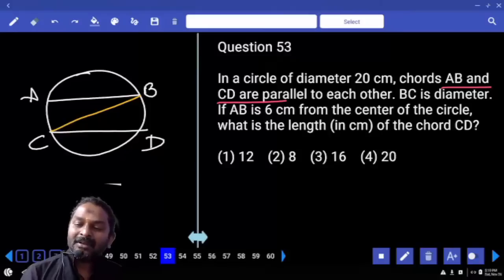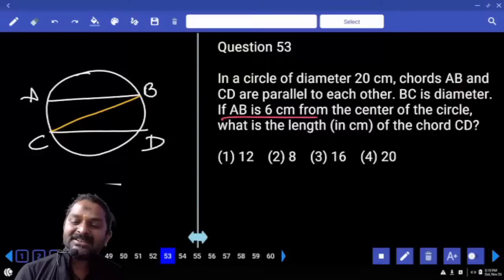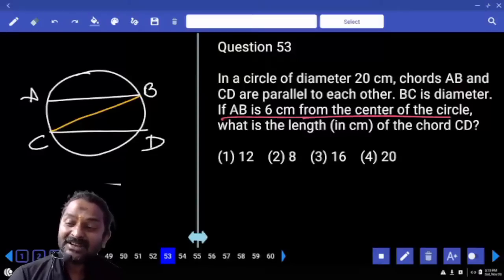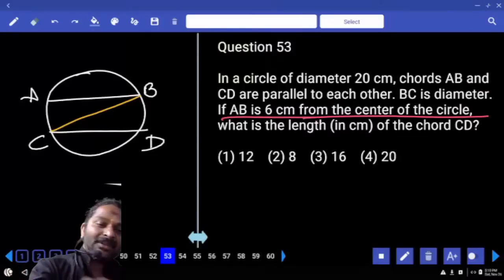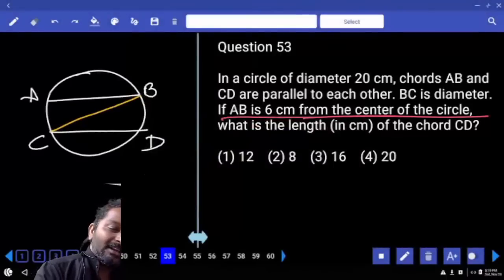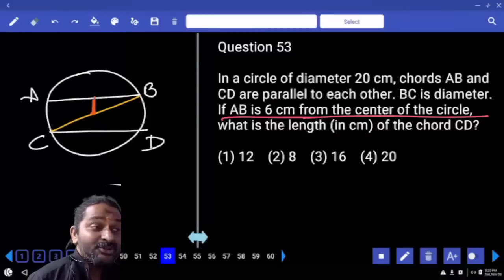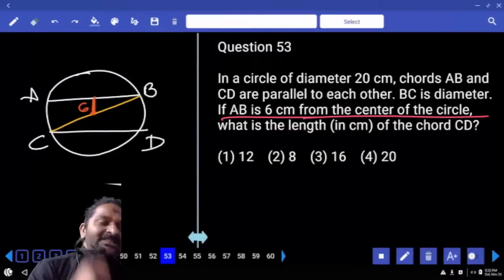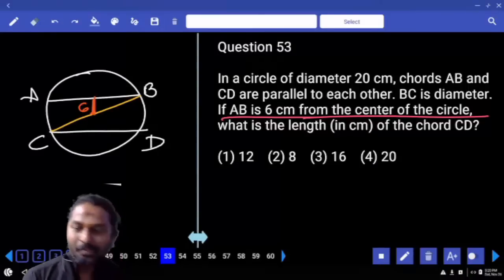20. Now, AB is 6 centimeters from the center of the circle. Let's say this is the center. Is that okay? Distance from the line joining the chord and the center, they mentioned it as 6. Is that okay? Continue.